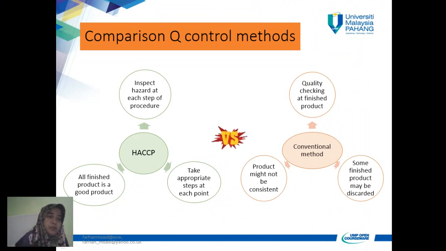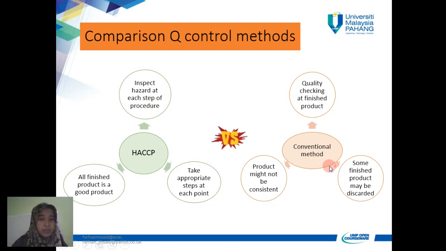First and foremost, from the lesson that we learned, by using HACCP, all finished products are good and consistent. Why? Because HACCP inspects the hazard at each step of the procedure, and it takes appropriate steps at each point.